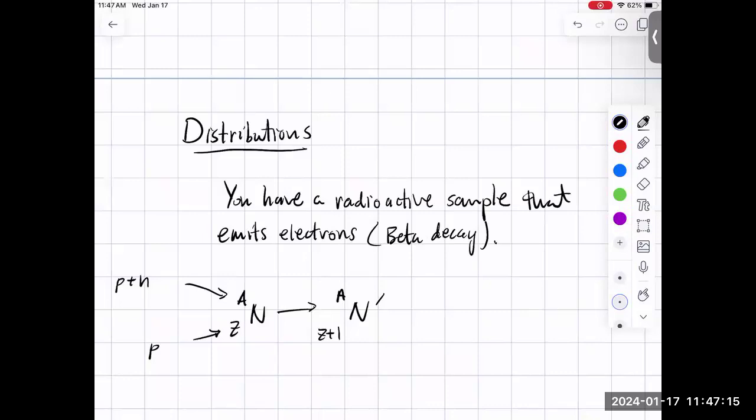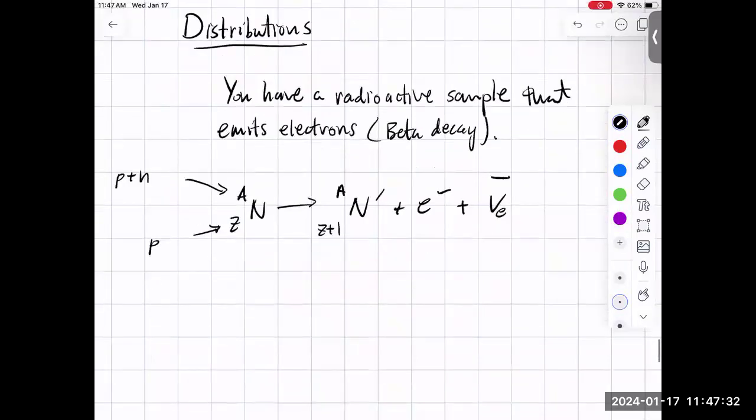We're just going to take one of the neutrons and make it a proton. So Z increases by 1, and then we get an electron emitted. And in fact, there would also be a neutrino. So what's happened really is a neutron has decayed into a proton plus an electron, and an antineutrino was emitted in this process.